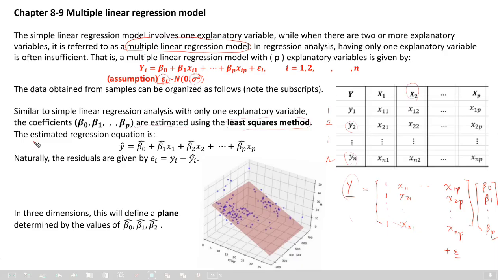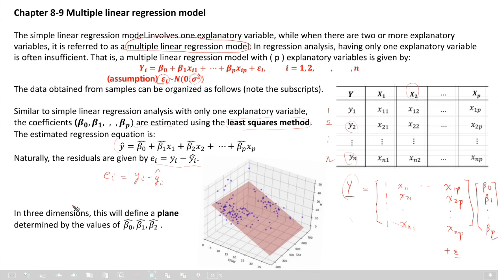Anyway, the estimated regression equation will be y hat equals beta 0 hat plus beta 1 hat x1 plus ... plus beta p hat xp. And what is the residual? Always ei equals the observed value minus the estimated value, y hat. So there are n residuals in this case also.